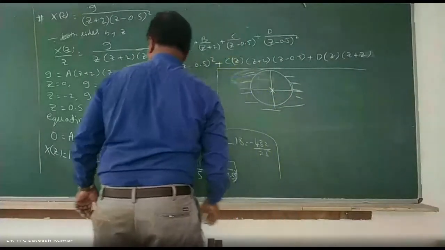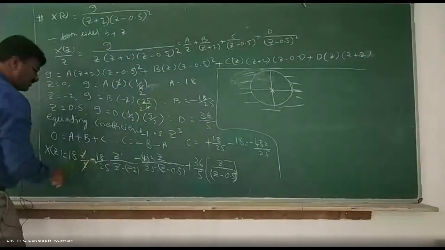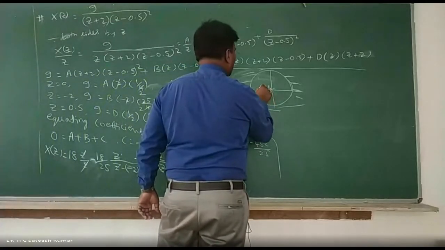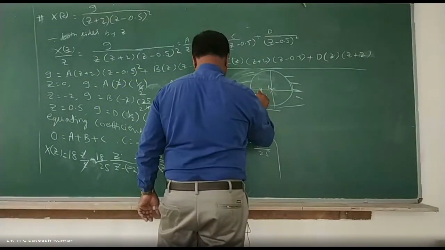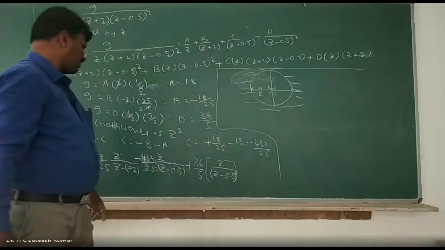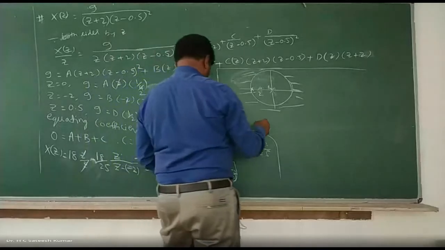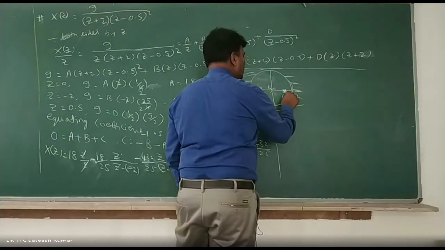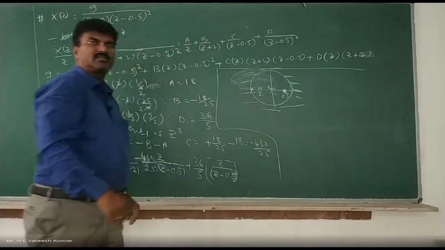So that is also not there. Sorry, that z also gets cancelled. One pole is at minus 2. This is minus 2. Another pole is at plus 0.5, and two poles are at plus 0.5. Anyhow, all of them are right-handed sequences.